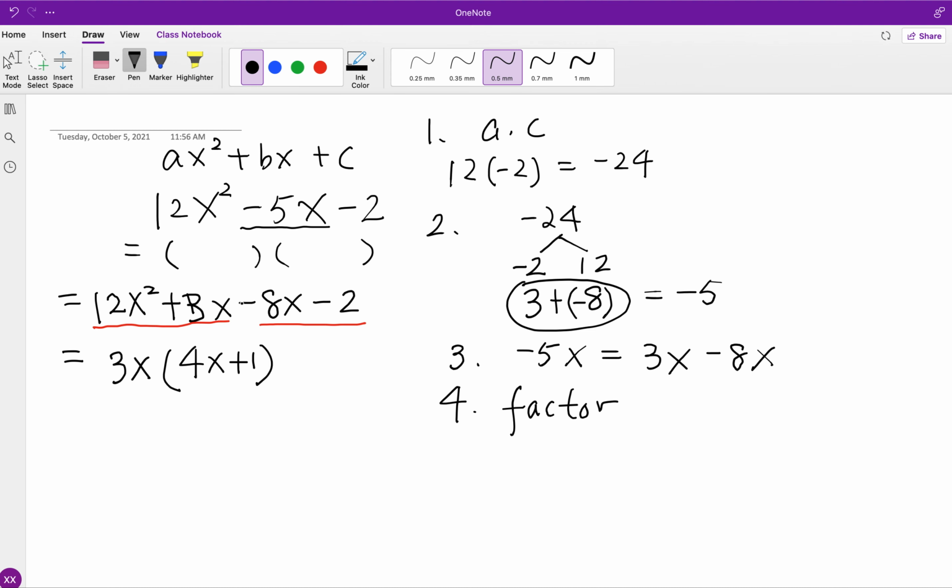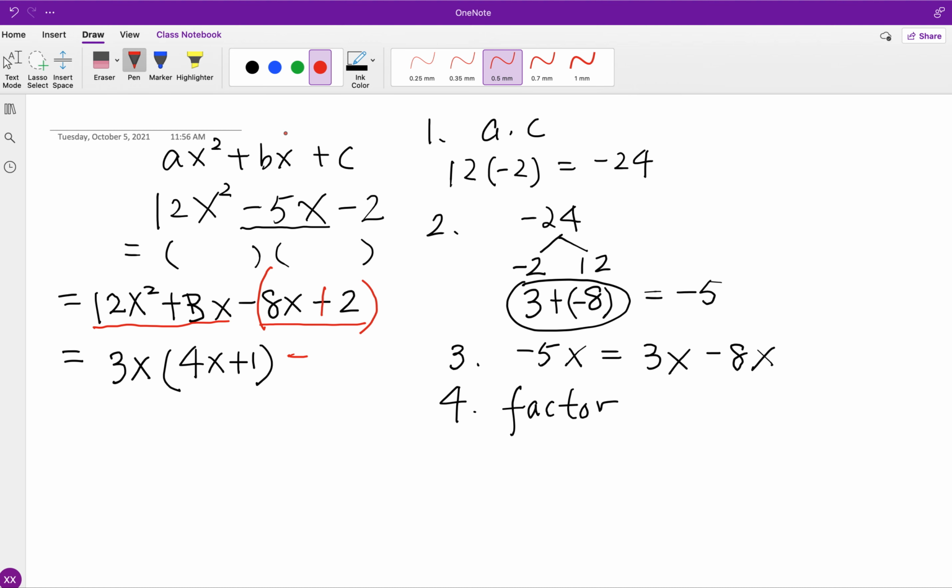Now if I give the second binomial a bracket here, then this has to be changed to positive. So this is a negative here, so I copy this down. Now between 8x and 2, the common factor is 2.